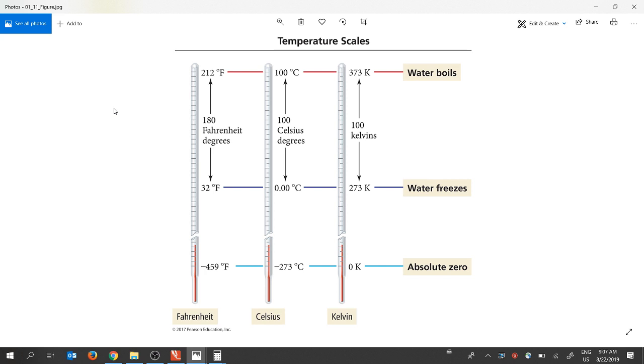By putting the scales together, you can notice a couple things. One, there are more degrees on the Fahrenheit scale between the boiling and freezing point of water. What does that tell you about the relative size of the degree between the Celsius and Fahrenheit scales?